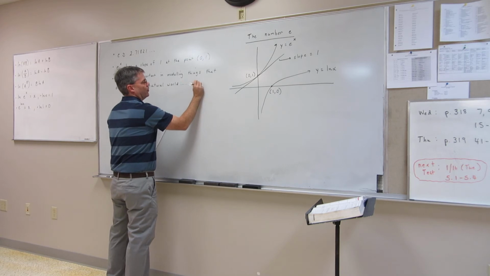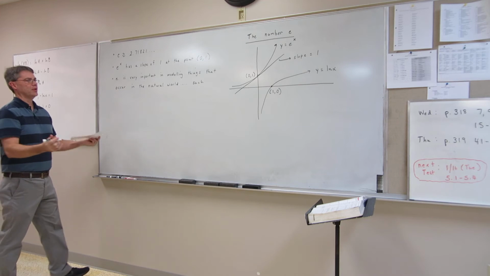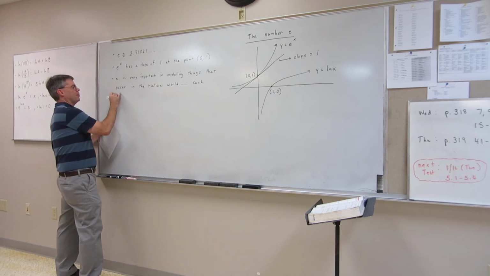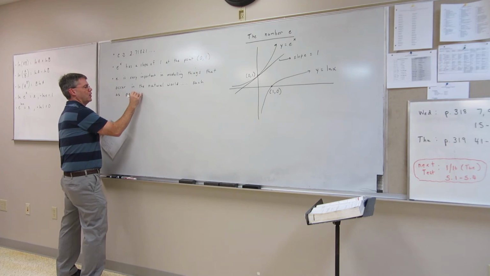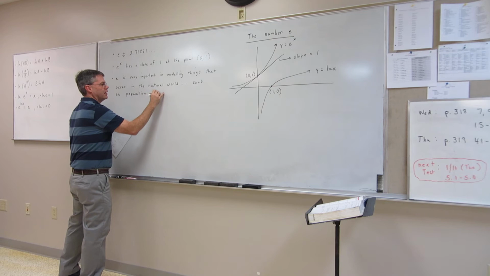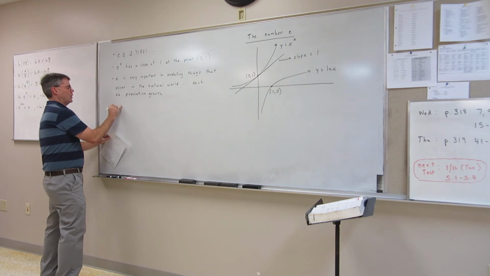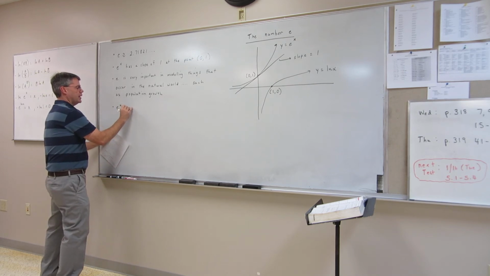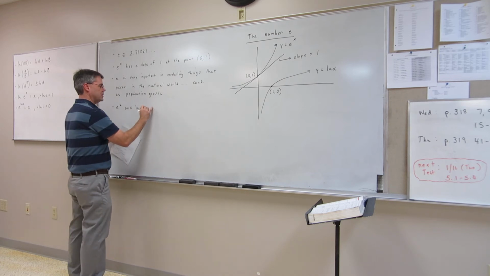And the kind of problems we'll look at a lot that involve e, one of the main ones is population growth. And we did a lot of problems in pre-cal like that. E to the x and natural log of x are inverses.